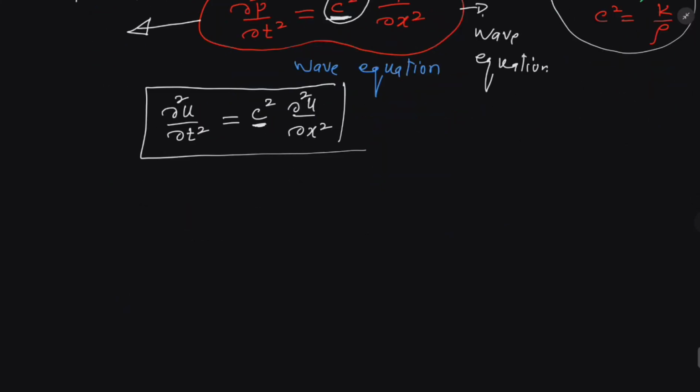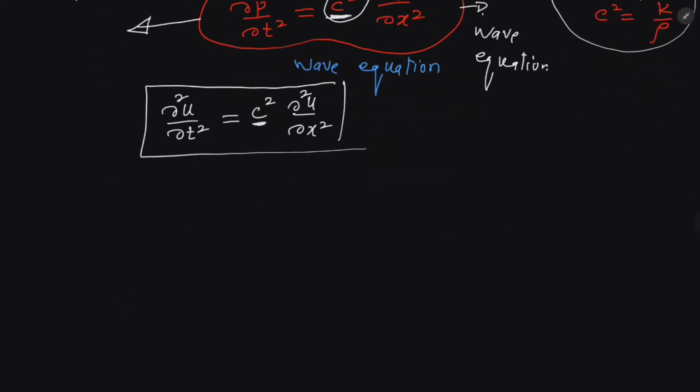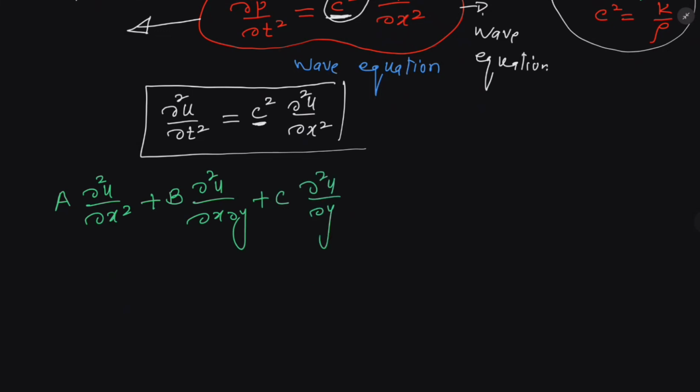Similarly, from partial differential equation theory, we have A partial square u by partial x square plus B partial square u by partial x partial y plus C partial square u by partial y square, then D partial u by partial x, and so on.